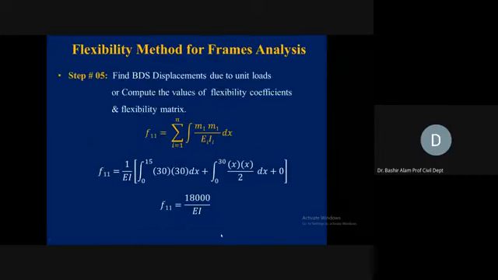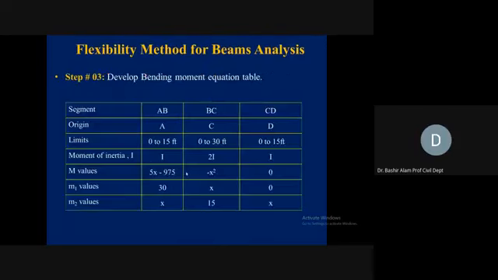Next, we come to the generation of the flexibility coefficient matrix, which is the product of the small m1s. Here you see 30 times 30. Let's go back to the table: m1 and m1 for member 1, member AB.